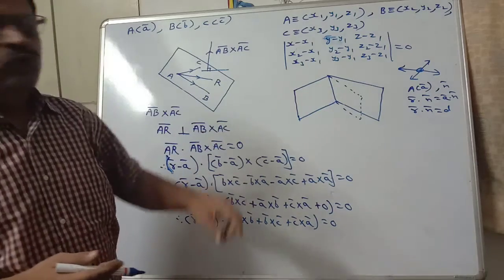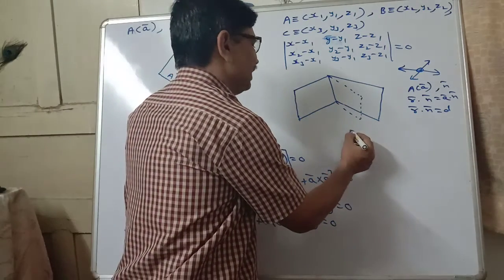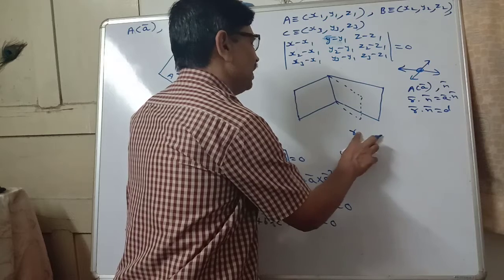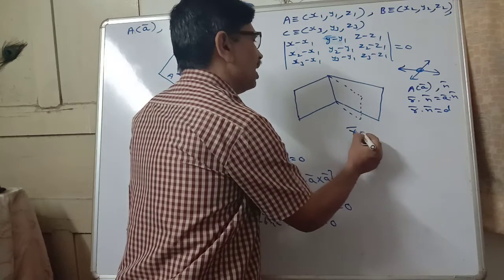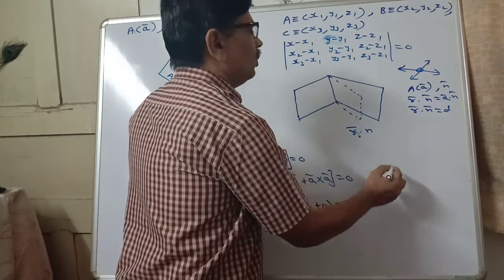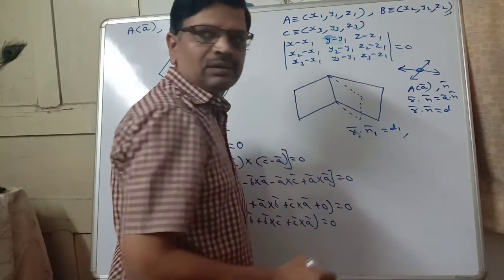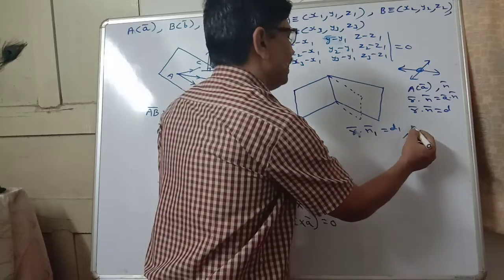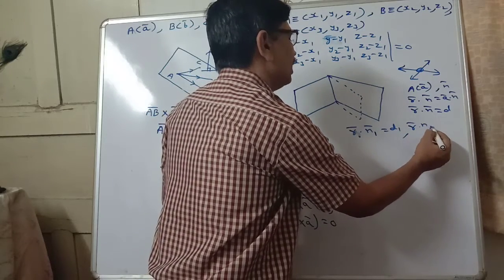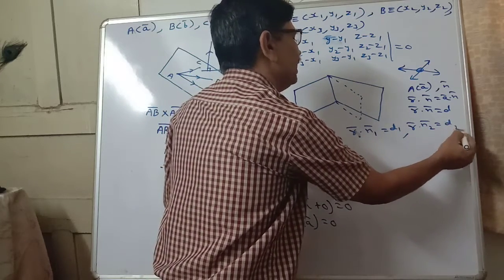Here there are two planes. Their equations we may write: R bar dot N1 bar equal to D1. Equation of the other plane: R bar dot N2 bar equal to D2.